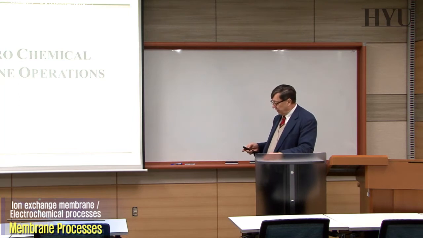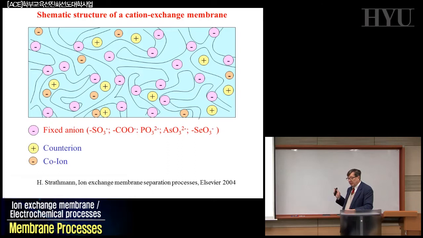And there are important operations that can be utilized based on these membranes. Some of the most important industrial production, for example, chlorosoda production. Chlorosoda production is the basic industrial production of any industrial system in the world we have today.